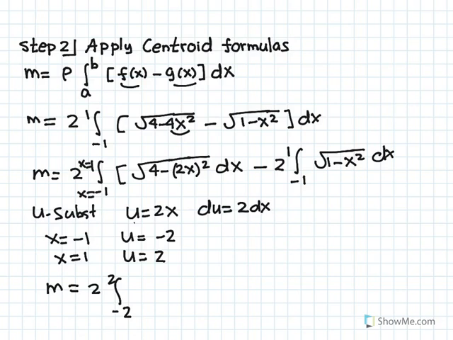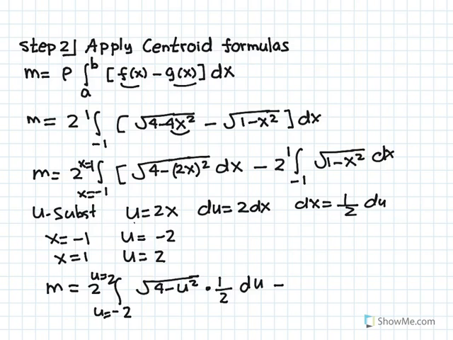Now we have u limits, u is equal to -2, u is equal to 2. The reason for that is because we did a change of variables. The new variable is u is equal to 2x, so we have to change the limits. And we get root of 4 minus u squared times dx. If we solve for dx, dx is equal to 1/2 du. So let's put that in, 1/2 du.